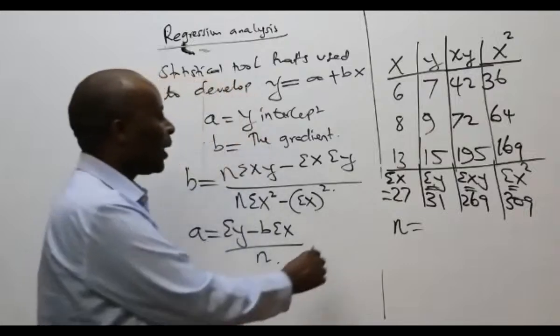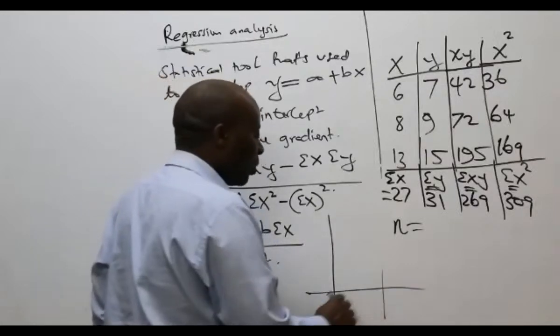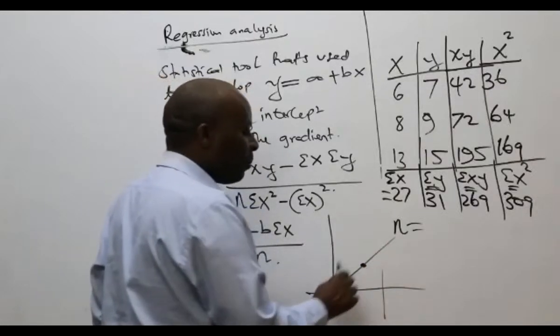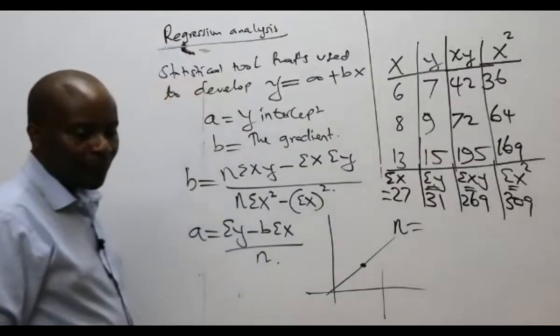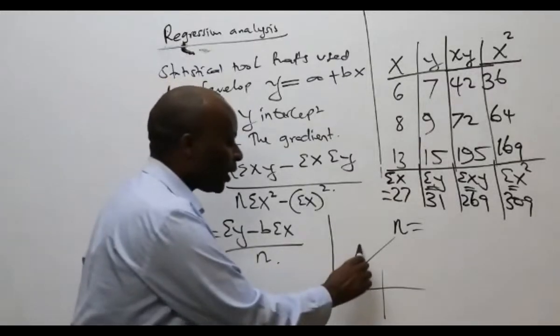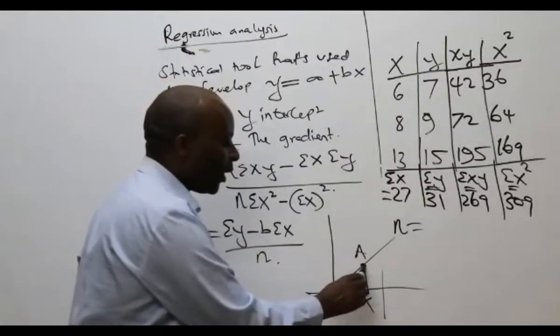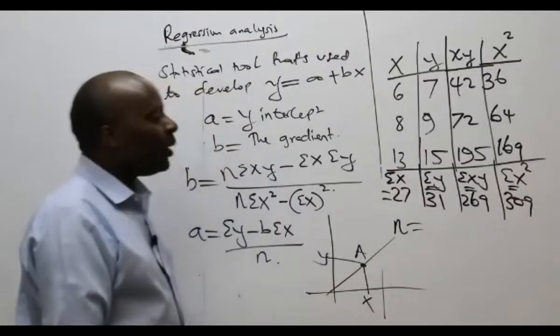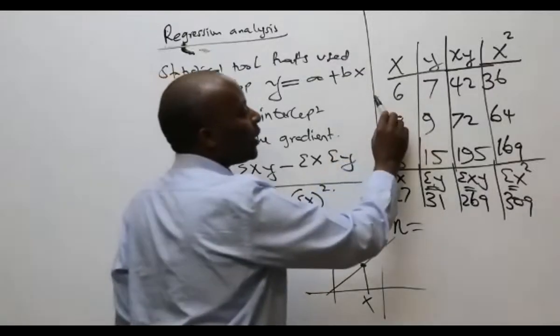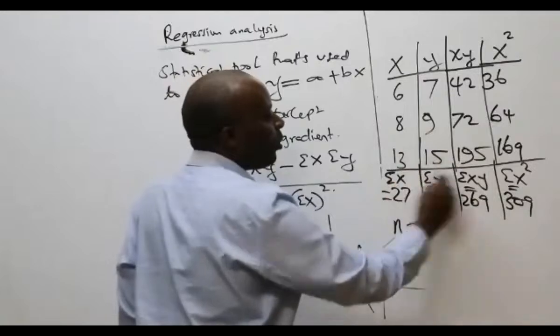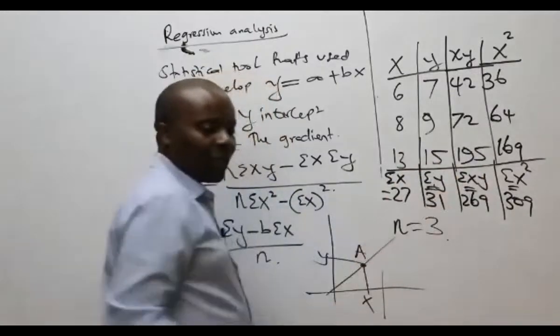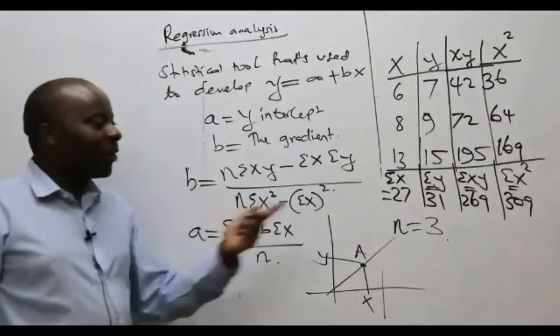Remember on a Cartesian plane, this is how our points look. Each point has an x coordinate and a y coordinate. This is point number 1, point number 2, point number 3, so n is 3. Please don't count the totals.